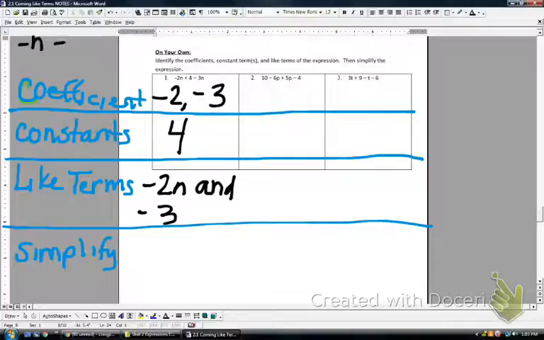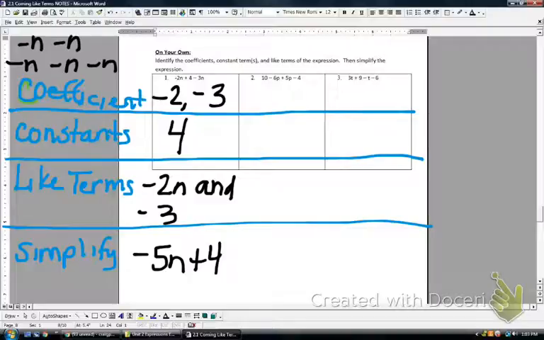So I have 1, 2, 3, 4, 5, negative 5n, and then my plus 4 doesn't match with anything. So my simplification of that expression is negative 5n plus 4.